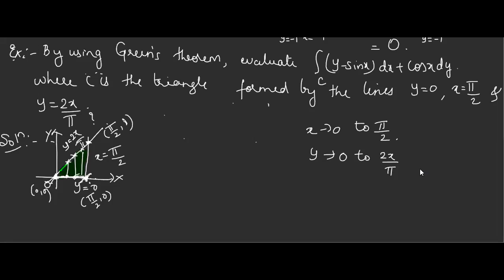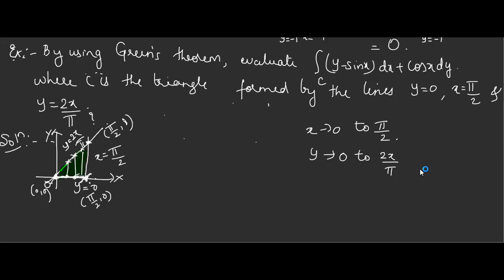The given triangle C is shown in the figure. In this triangular region A, bounded by C, okay, C is a triangle, which is the boundary for the region.